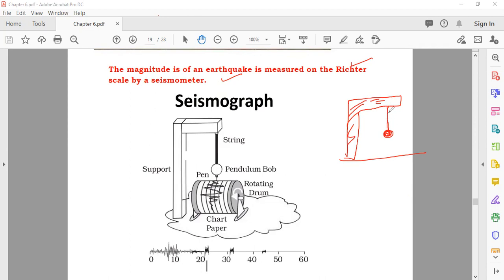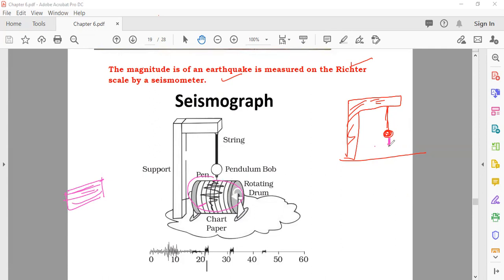It is with a thread. What they will do is add a pencil here under this one. Understand? And then they have a drum. This drum rotates. This is a drum and it has a paper on it, like this you can see here.